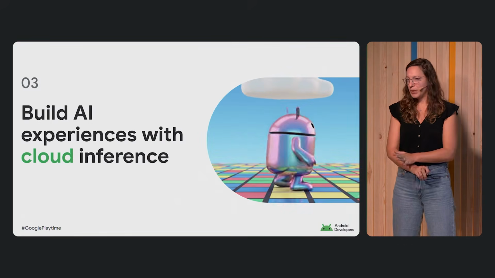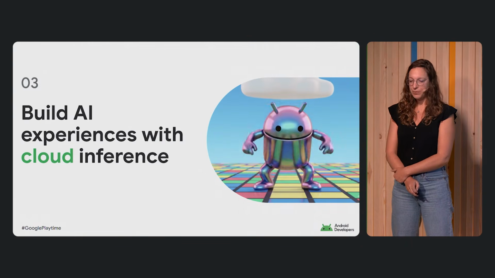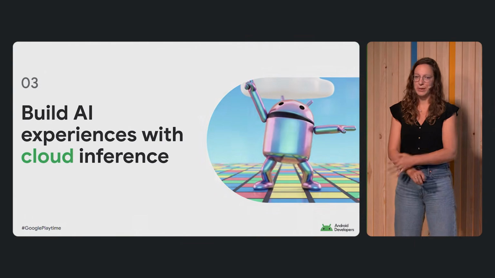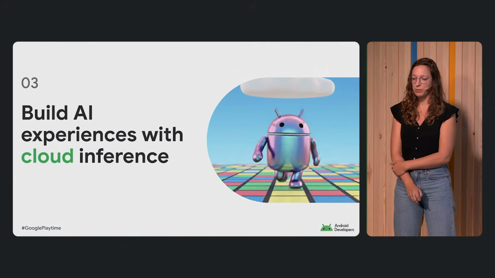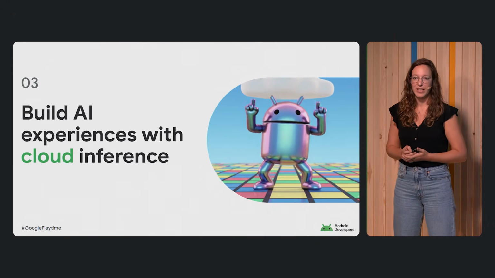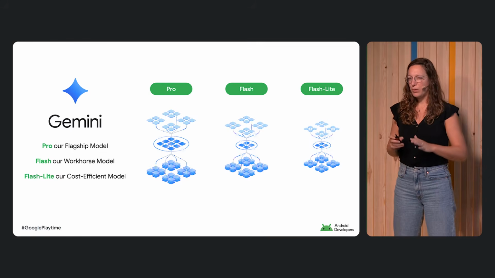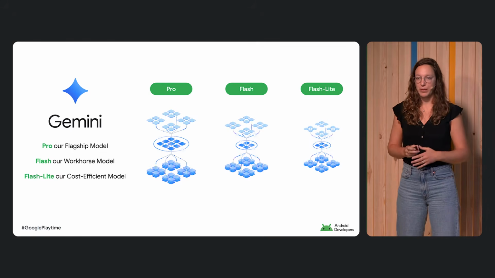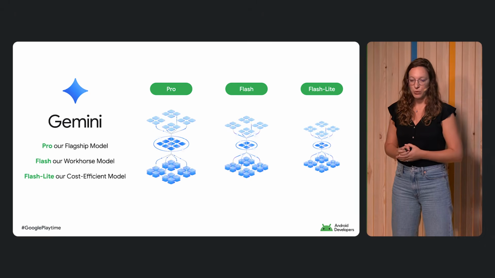So with that, I think we can move to cloud inference. Why would you move to the cloud? I think we've handled quite a lot of reasons, and the core of it is capability and scale. The core of our cloud offering is the Gemini model suite.